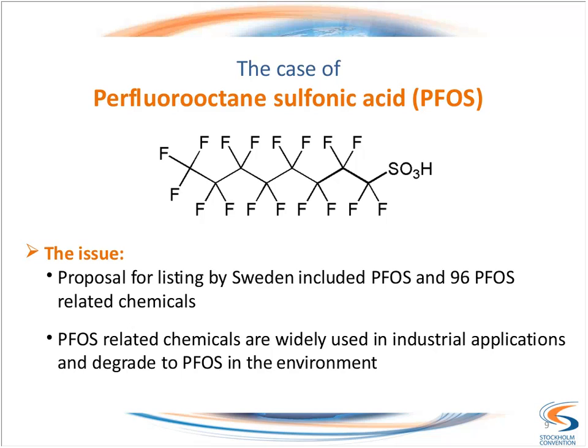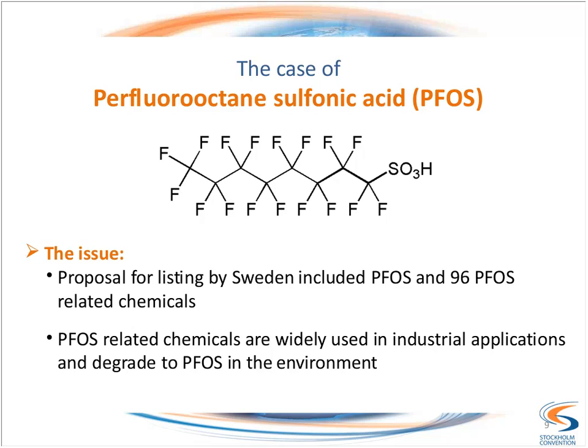Now, when Sweden proposed PFOS, this acid, they also included in their proposal 96 chemicals that had this element in their body, because you can make the salts, for example, out of this acid, where you just replace the H, the hydrogen at the right of the formula, for example, by a sodium Na. So you have the sodium salt, or the lithium salt with Li and so on.